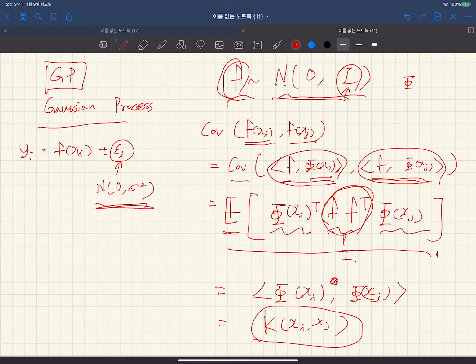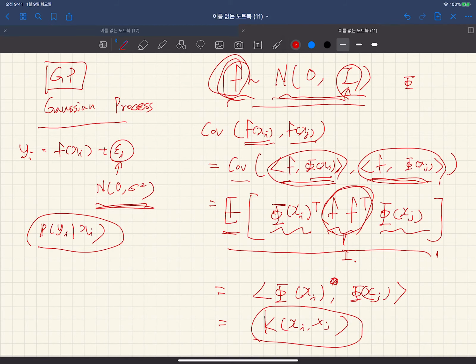And using these two priors, we define the likelihood value of your yi for given xi, and then optimize your f that maximizes your log likelihood value.